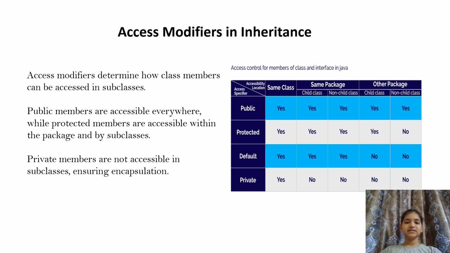Access modifiers in inheritance. Access modifiers determine how class members can be accessed in subclasses. There are four types: public, private, protected, and default. Public members are accessible everywhere, while protected members are accessible within the package and by subclasses.